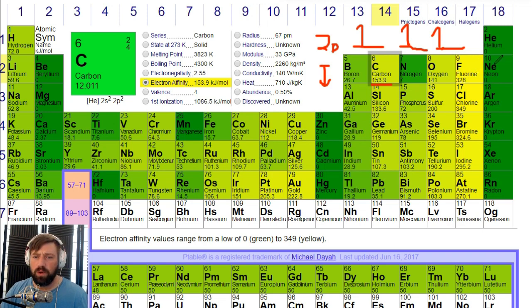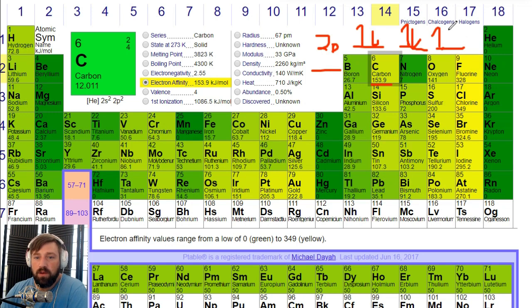Same way with fluorine to neon. We're in a situation where we just need one more electron. For fluorine, we have 5 electrons in the 2p orbital, 2p5. We're at some energy level.